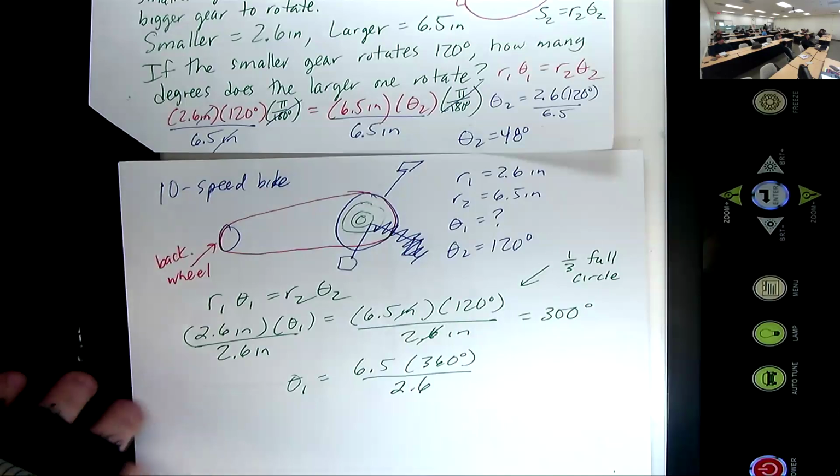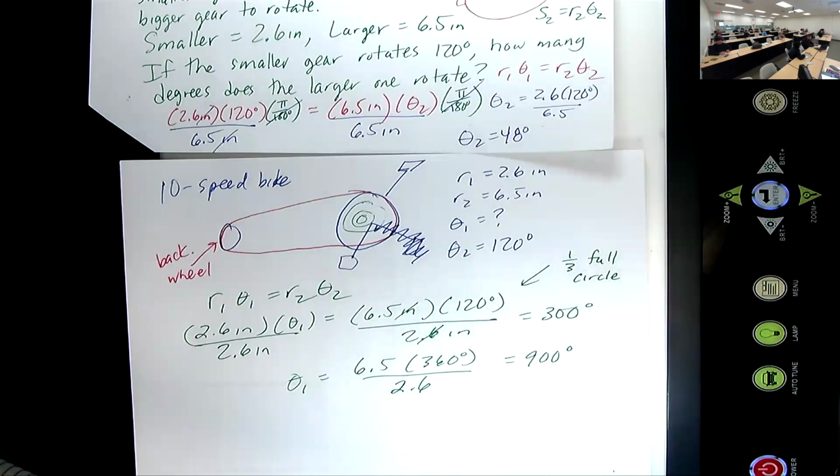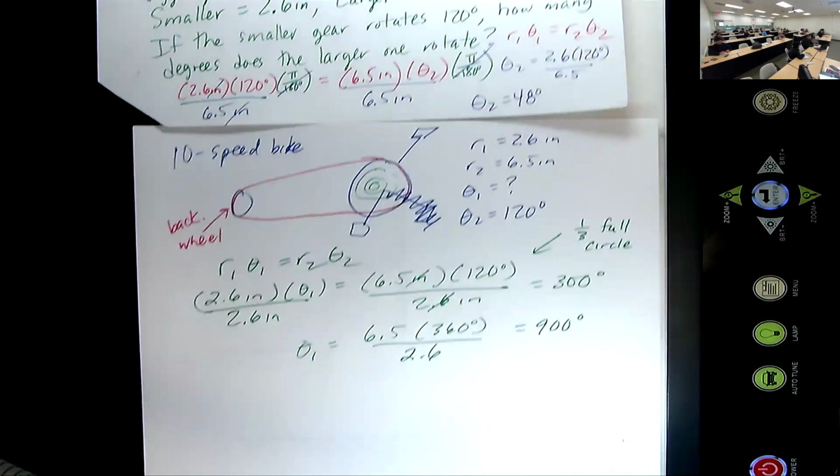Well, that's not the best way of showing it. This is. What the hell? I totally typed the wrong thing. 6.5 times 360 divided by 2.6. This is showing 900 degrees. It ends up being 2.5 times.